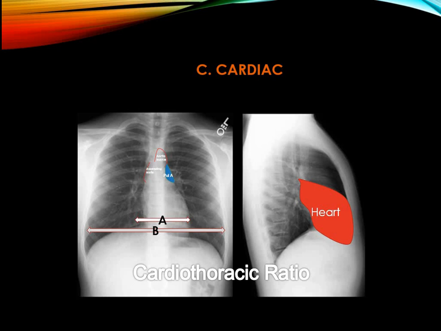It is the widest diameter of the cardiac shadow, here represented by the line A, divided by the widest diameter of the thoracic cage, here represented by the line B. The ratio should be less than 50%, but it should be measured on a PA chest X-ray in an erect position.